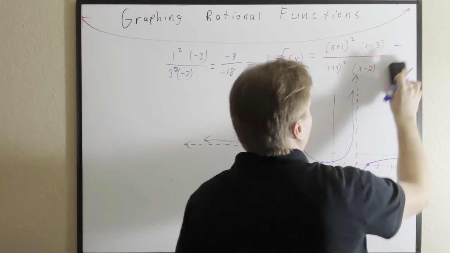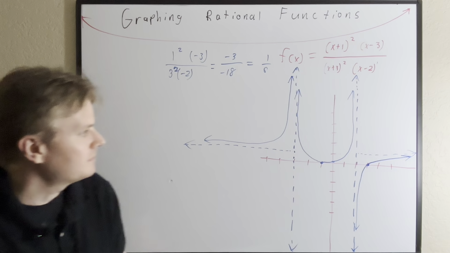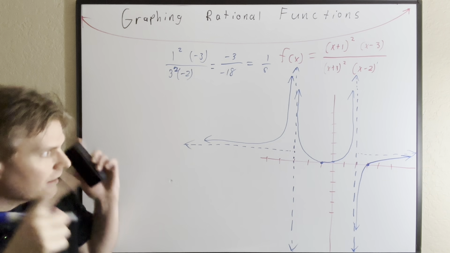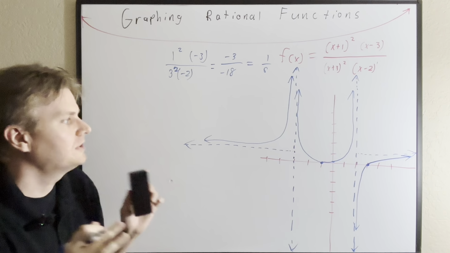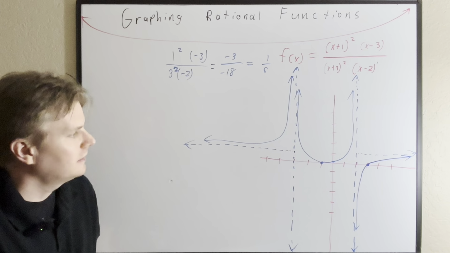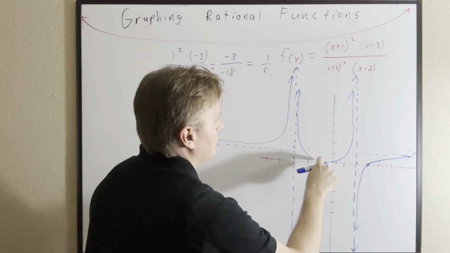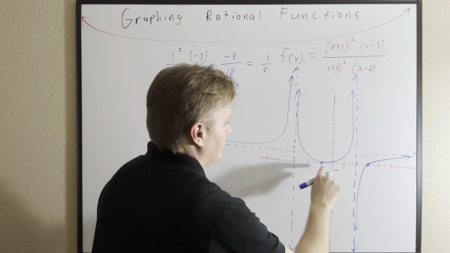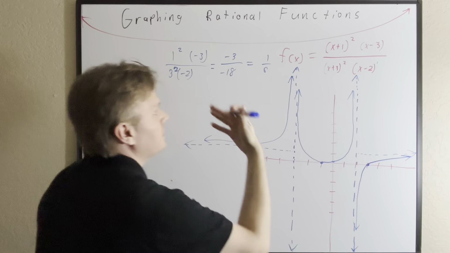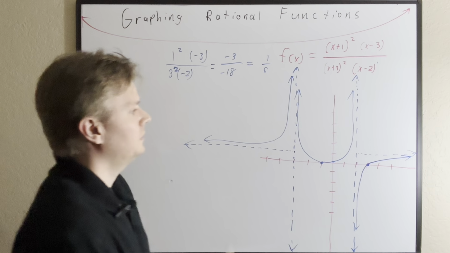So we have a parabola in the middle. See how I did that? You just kind of got to think through things without actually having to do math. Kind of nice. But the graph just kind of touches the x-axis here. It doesn't cross it, it just touches it. It's very important.